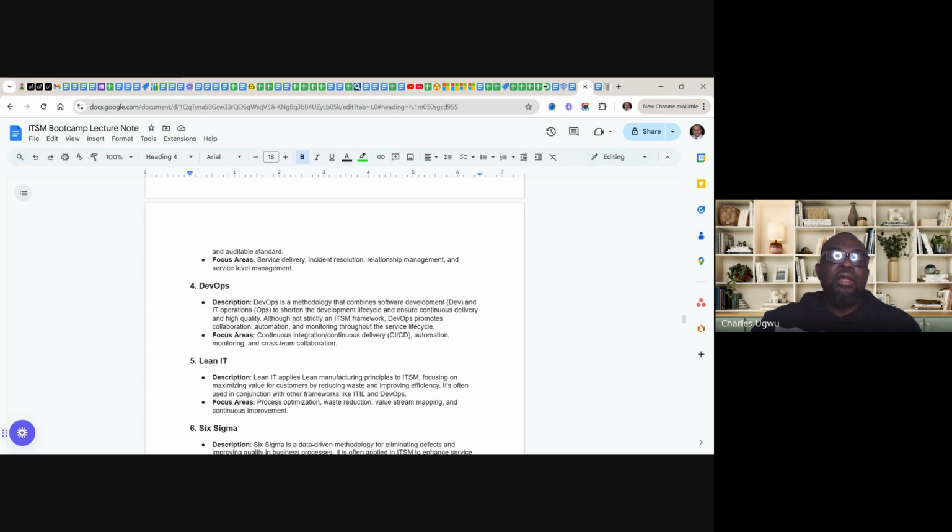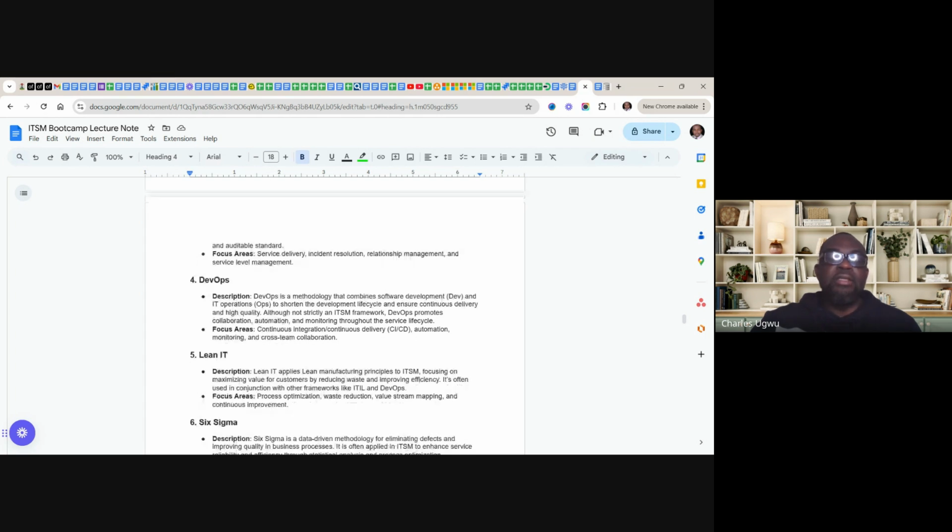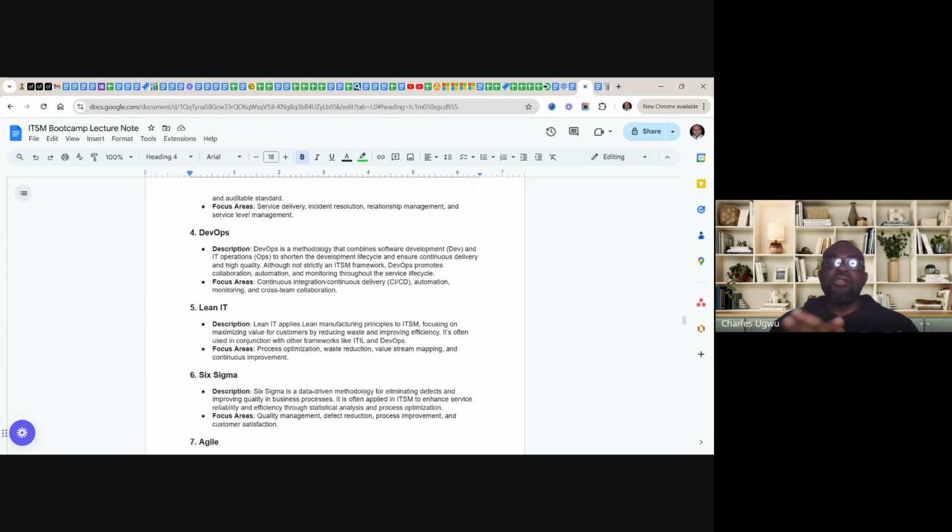Then we have Lean IT. Lean is mainly for waste reduction. Lean IT applies lean manufacturing principles to ITSM, focusing on maximizing value to customers by reducing waste and improving efficiency. Like I say, waste reduction.